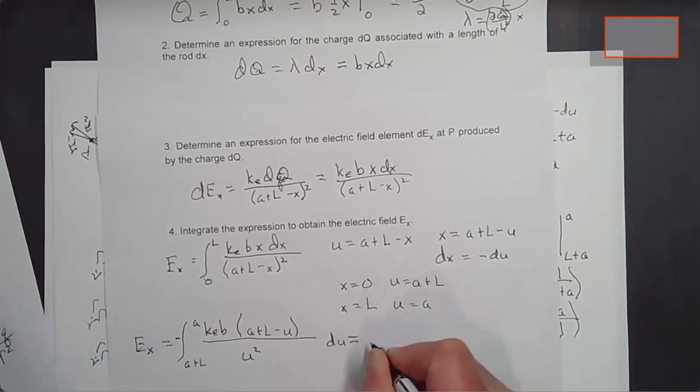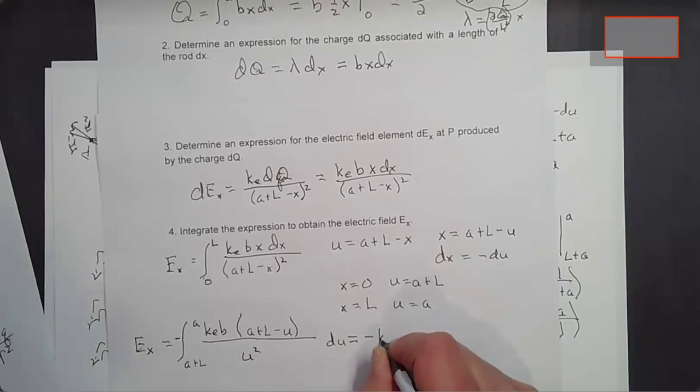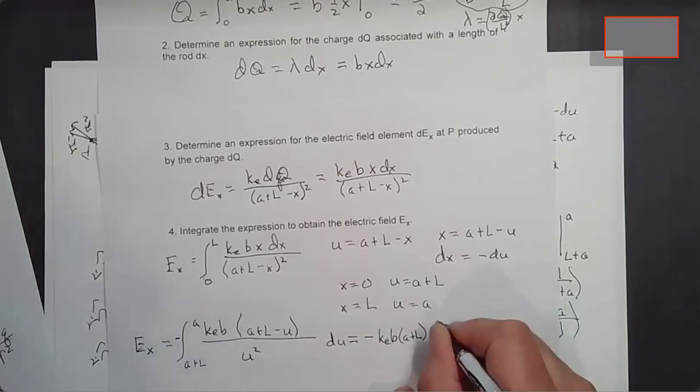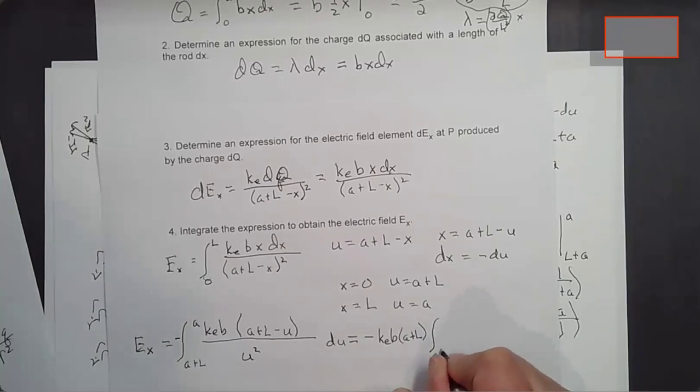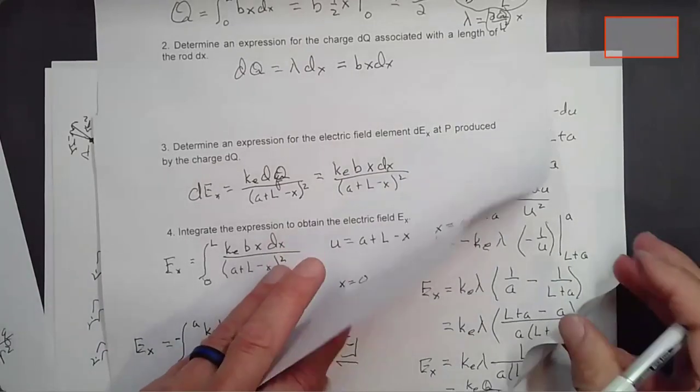So this will equal, and be careful on your algebra, I'll have minus k sub e b times a plus L. So that's my first integral. And the integral from a plus L to a of du over u squared. So that's the first one.